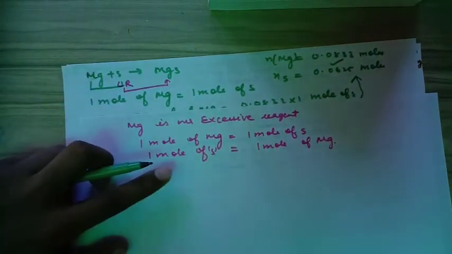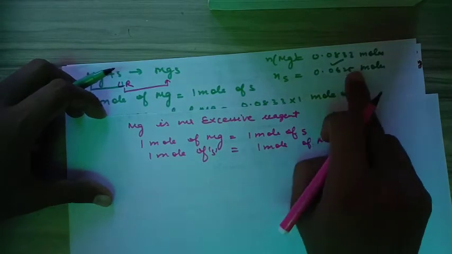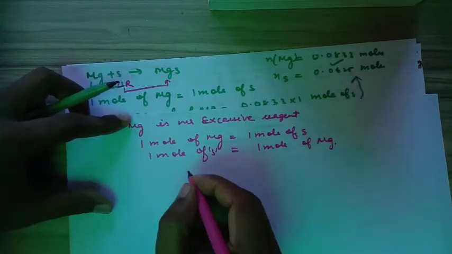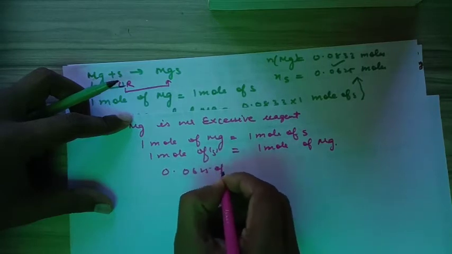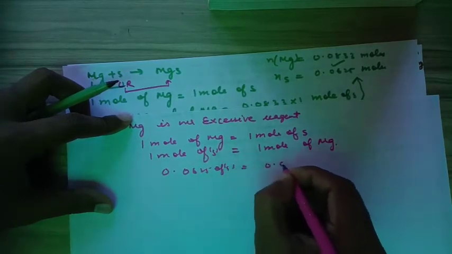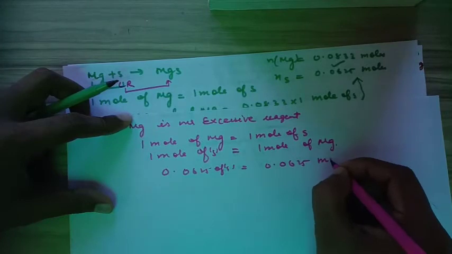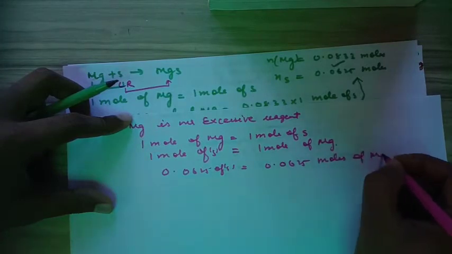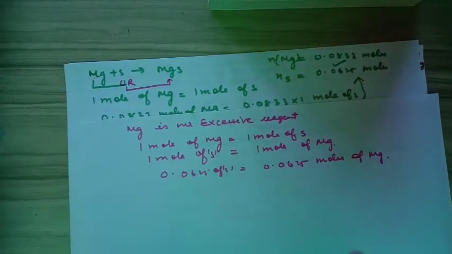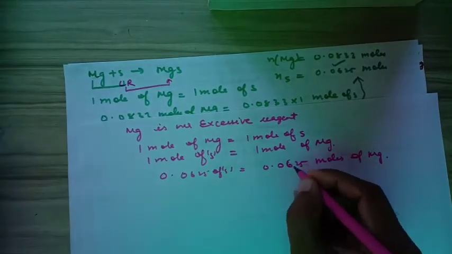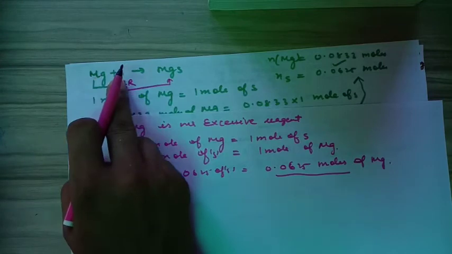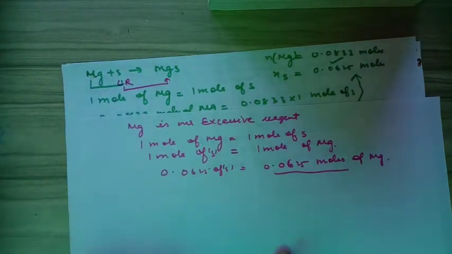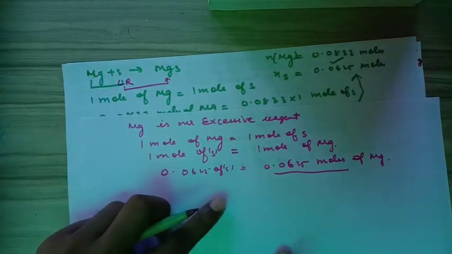Now we have to use the amount of sulfur from the above equation. So here 0.0625 of sulfur will give us 0.0625 moles of Mg. So this amount of Mg is used, as obtained from the data interpreted from here.